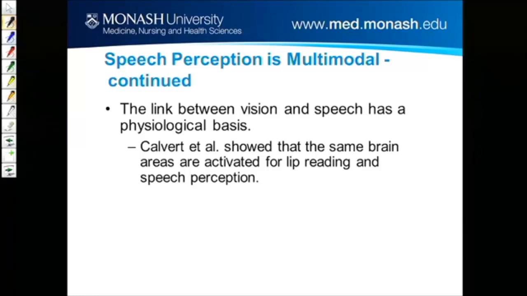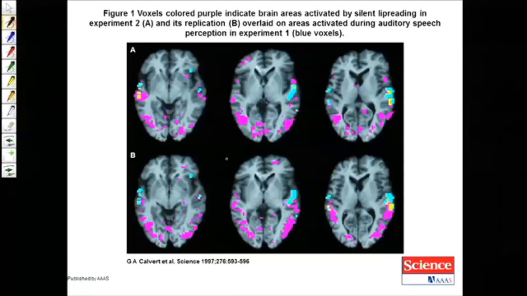And it turns out the same parts of the brain are responsible for lip reading as actually hearing the sounds coming out of the lips in the first place. There's a big overlap between the visual part of speech and the audio part of speech. And I think here the purple is parts of the brain involved in, is that speech perception or auditory perception?